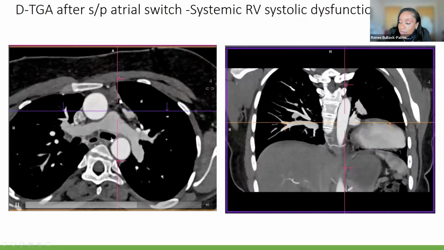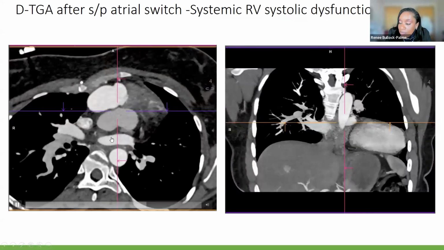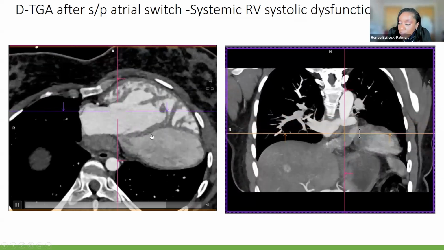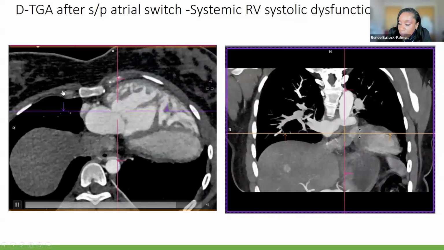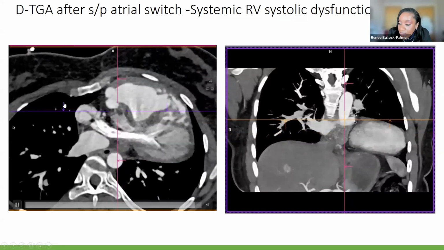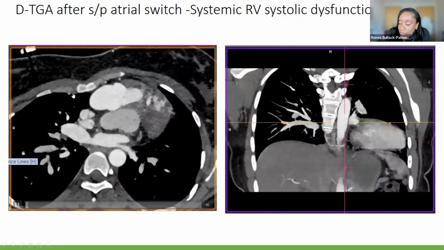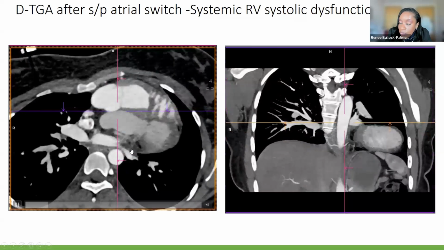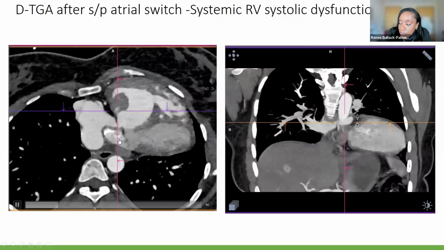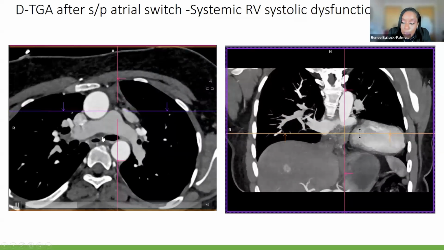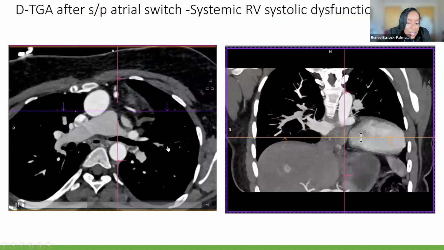The pulmonary veins are baffled over to the left atrium and then through into the right ventricle and out through the aorta. And the veins, the IVC and SVC, from the head and from the lower body are then shunted over to the left ventricle and out through the pulmonary artery, because the left ventricle is a subpulmonic ventricle in these cases.